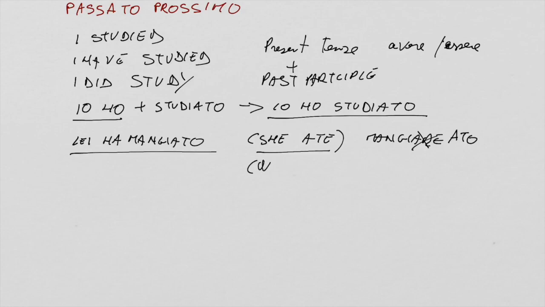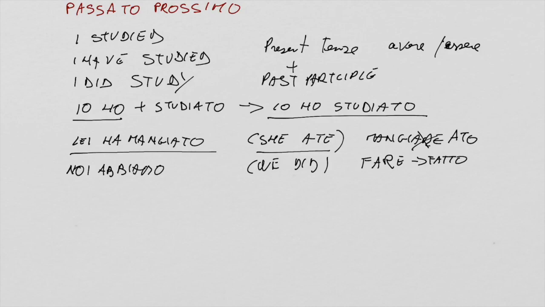Another example. We did. Again, present tense of avere. Of what subject? We did. So, noi abbiamo, and then you take the verb to do, since you have did, and in Italian is fare, and you have to form the past participle of this verb, fare.